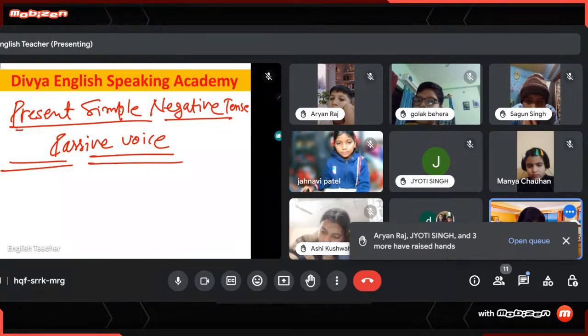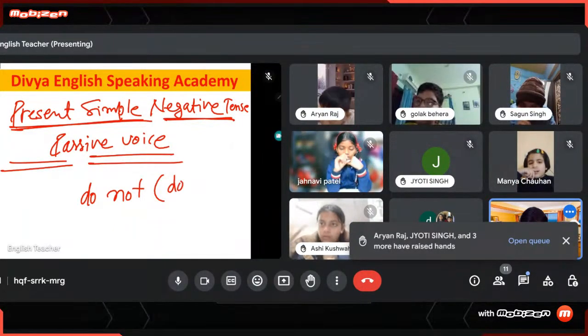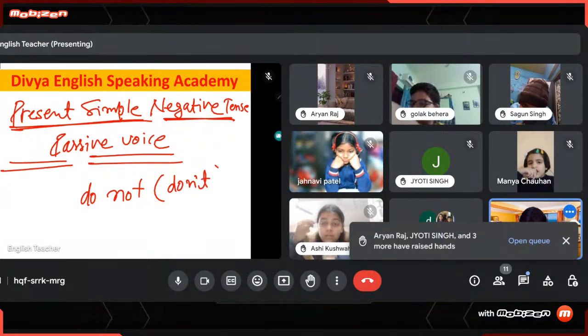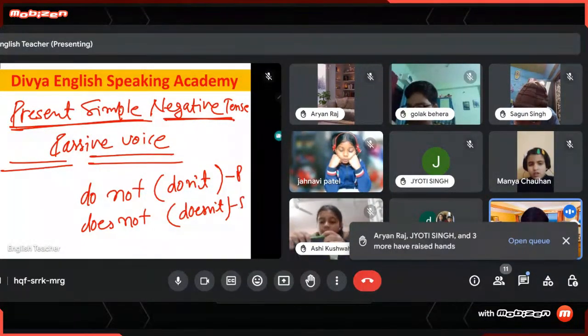We use do not, which is known as don't for plural, and does not, which is known as doesn't for singular. This is what you must know.